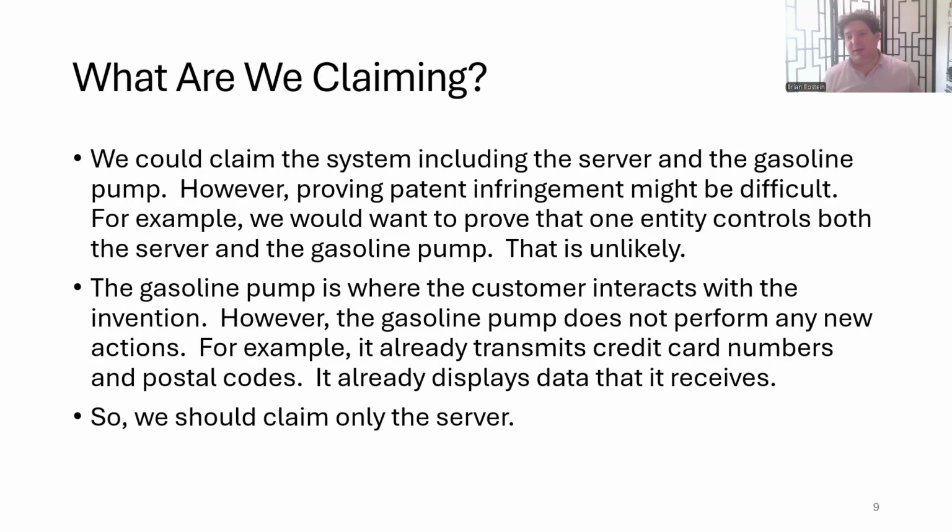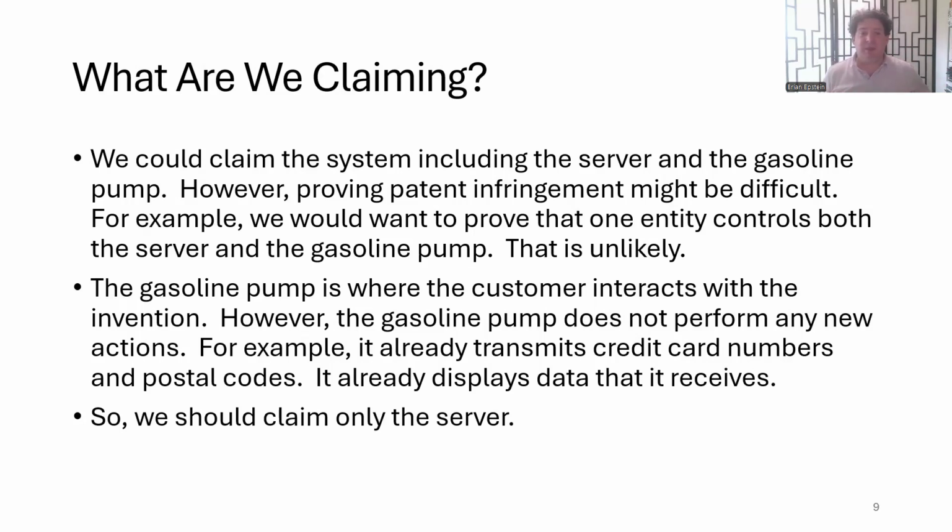That is unlikely in the year 2025, right? The server is probably some regional service provider that validates credit cards and provides data. The gasoline stand is probably completely independent. It sells gas and just happens to send data there.